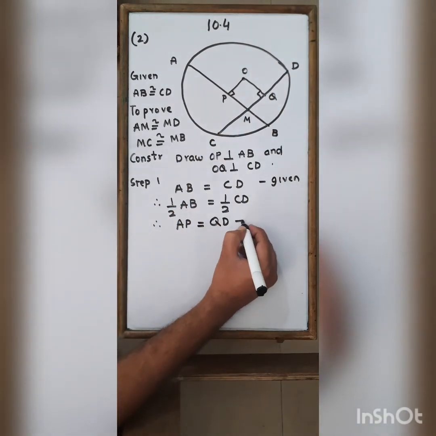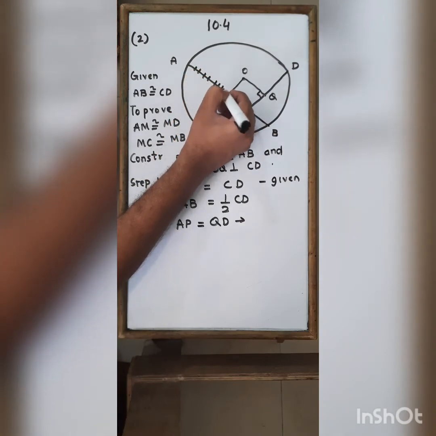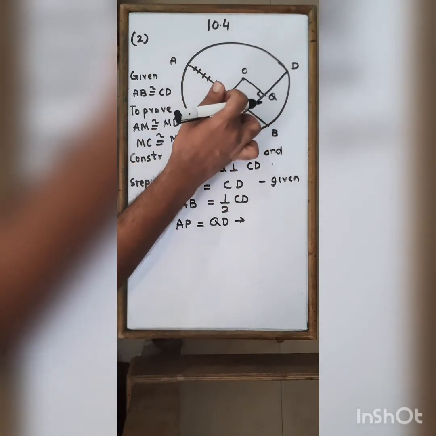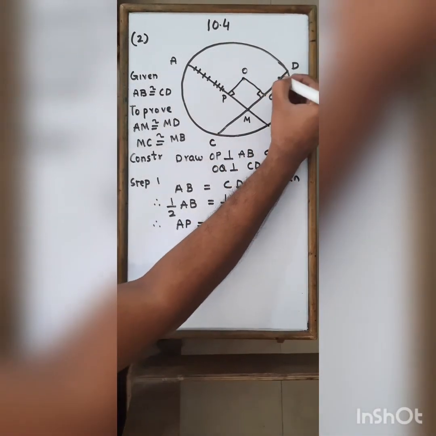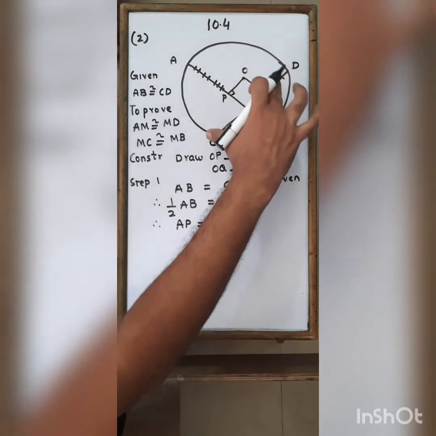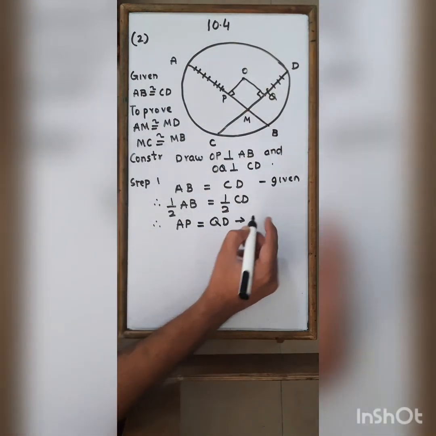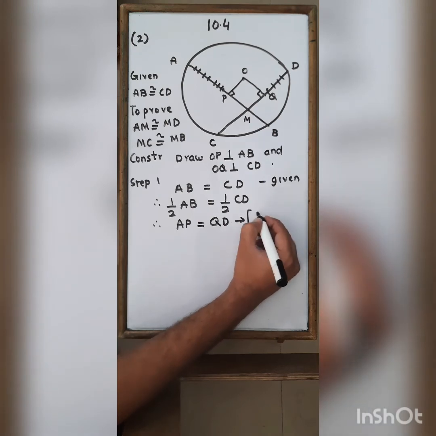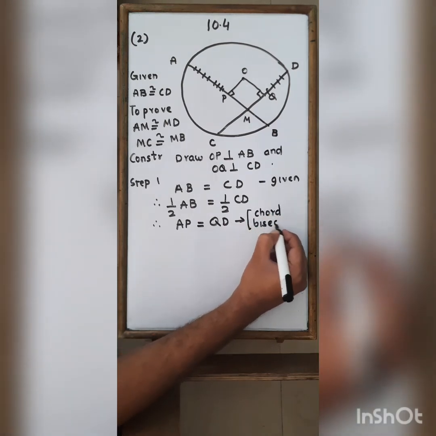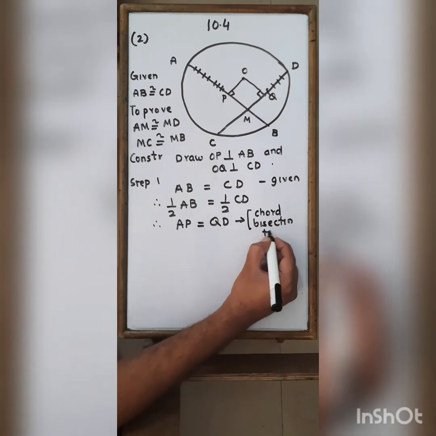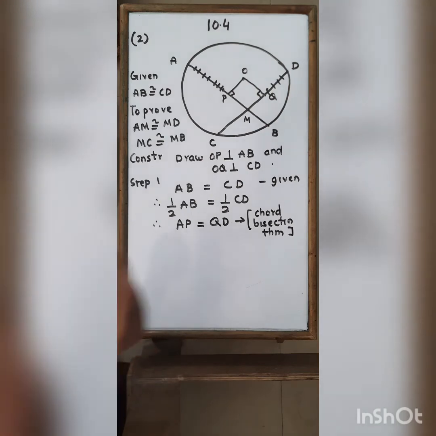Reason is, see this part, this AP is half of AB because of the chord bisection theorem, and here this is 90 degrees. So this will be half of this whole part. So AP is equal to QD. You can write chord bisection theorem, or you can write the statement: perpendicular drawn from the center to the chord bisects the chord.